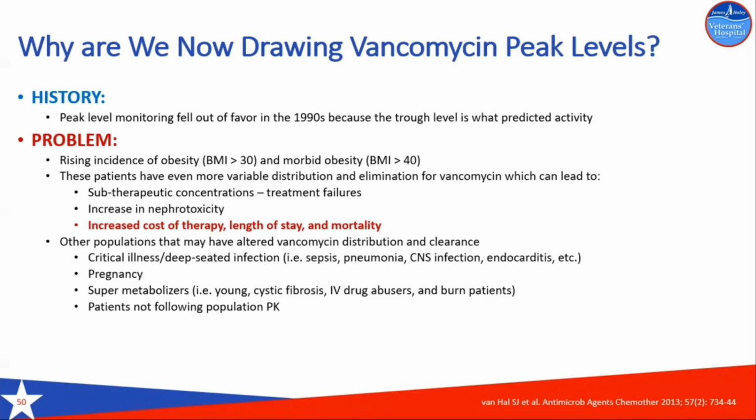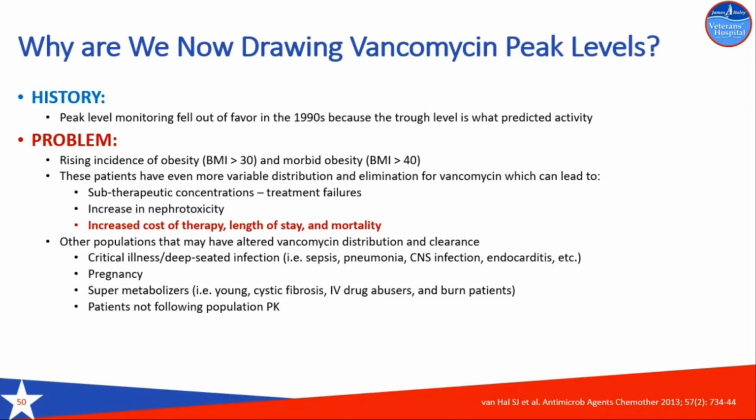So the big problem came in that we have a lot of patients with obesity and morbid obesity. And like we said, there's variable distribution and elimination, especially in these patients, which can lead to a number of things. Obviously, we can get subtherapeutic concentrations, which can lead to treatment failures.